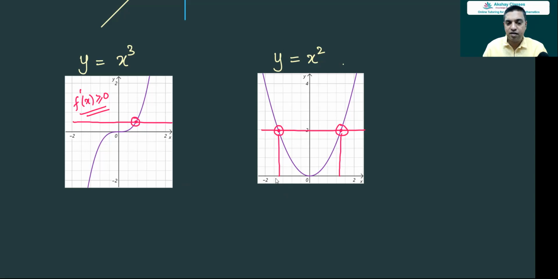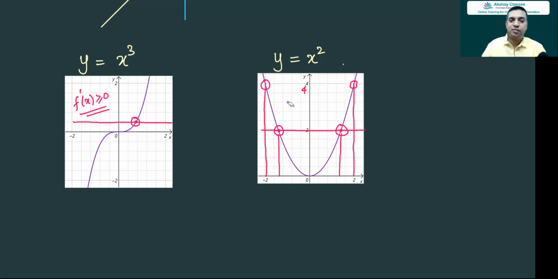Take -2 and 2 here: -2 and 2 both map to 4. So two values of x, -2 and 2, are leading to one value of y, that is 4. So that is why it is a many to one function.